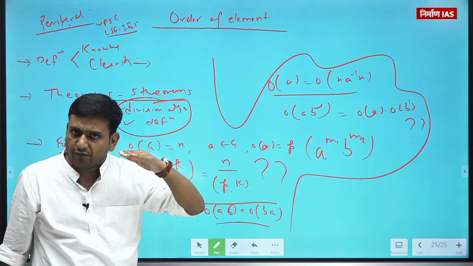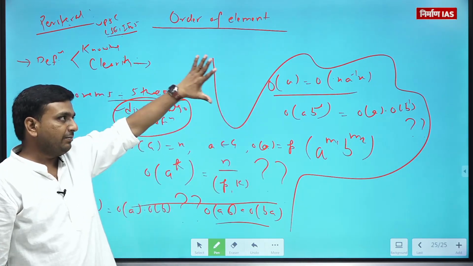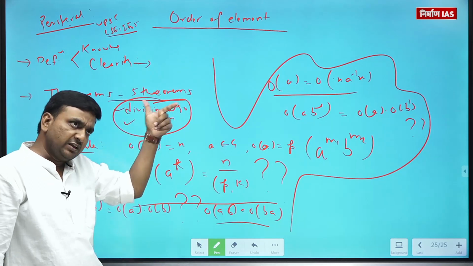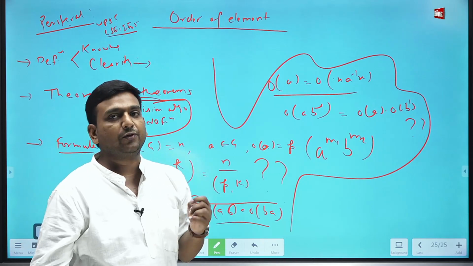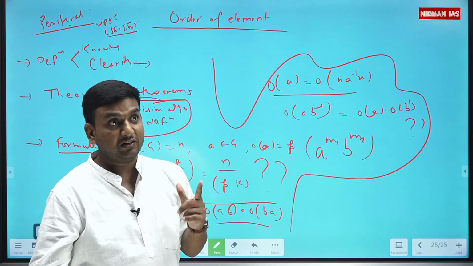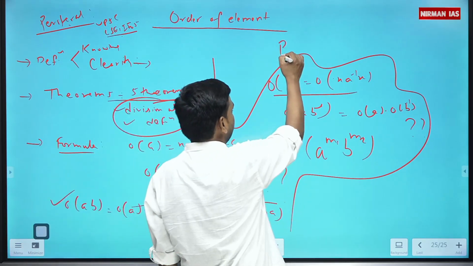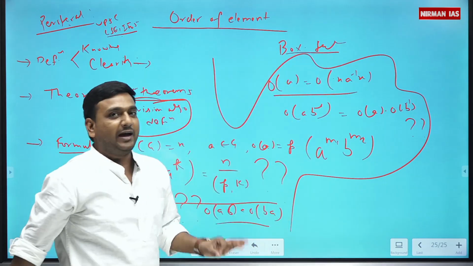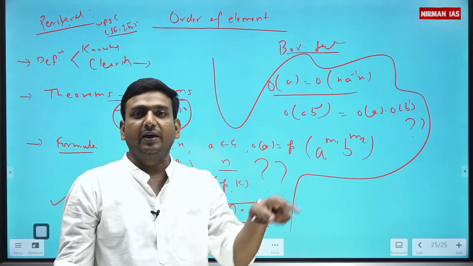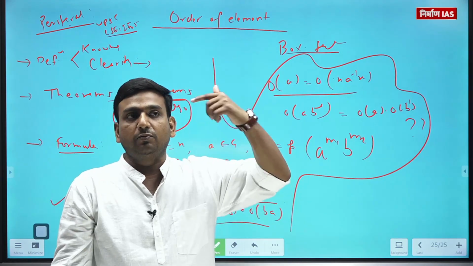We will be much more confident that I have done sufficiently, and with this knowledge I can solve any question. Actually, this I call the box technique, which I used to follow as a student as well as a teacher. I have to confine myself in some periphery, otherwise the mind will always be boggling.